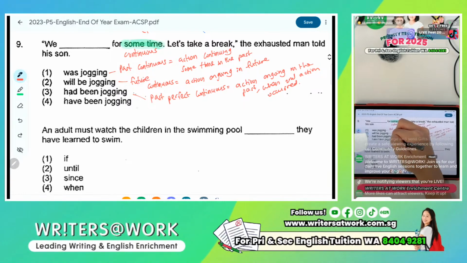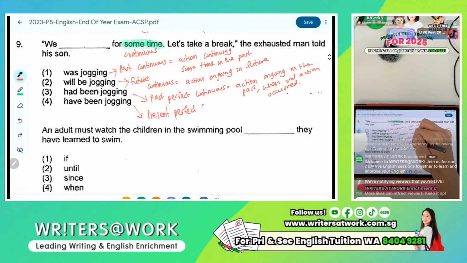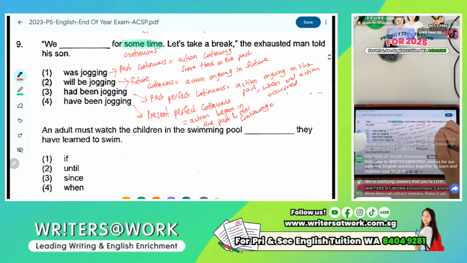Lastly, we have "have been jogging." "Have been jogging" is in the present perfect continuous. This means that the action began in the past and is still continuing now. Okay?